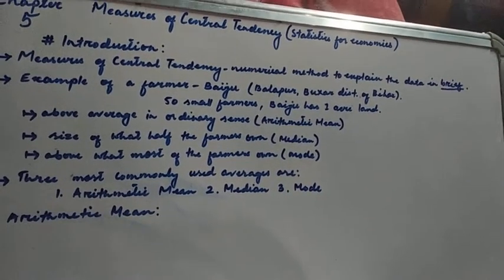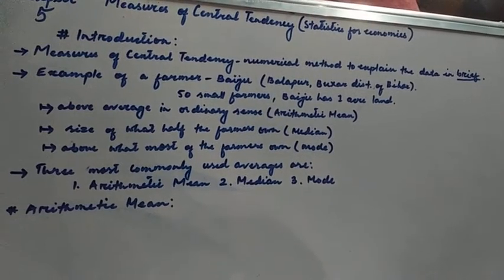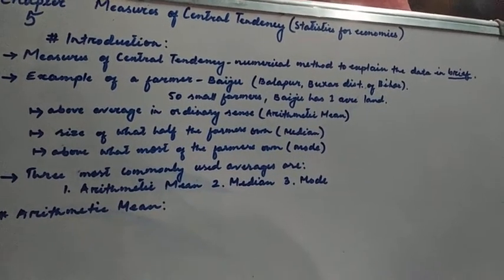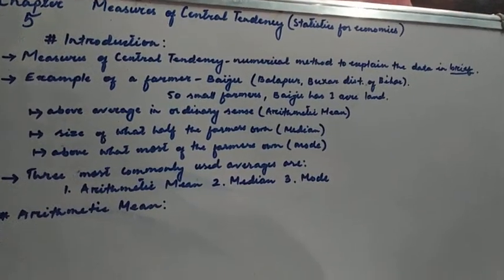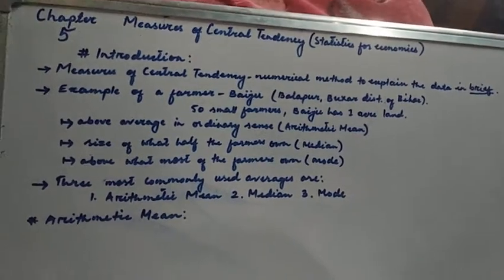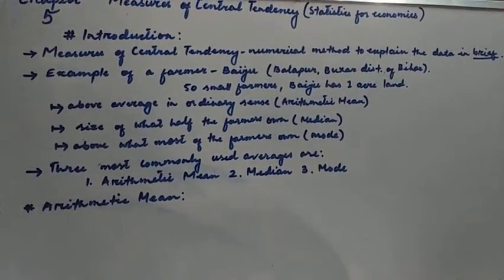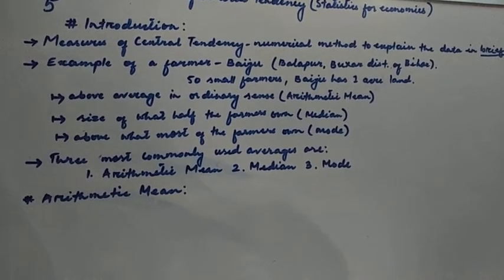Lastly, in this chapter we will talk about the relative position of arithmetic mean, median, and mode. What are the relations existing among arithmetic mean, median, and mode? Those are the main topics that we will discuss in this chapter number 5, that is measures of central tendency.